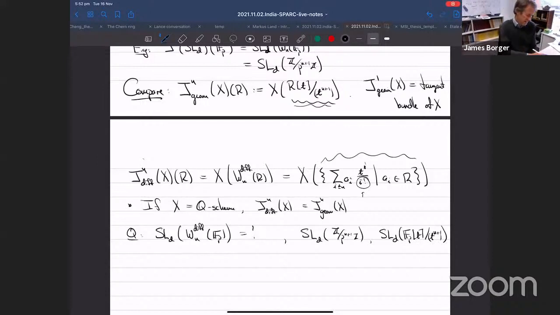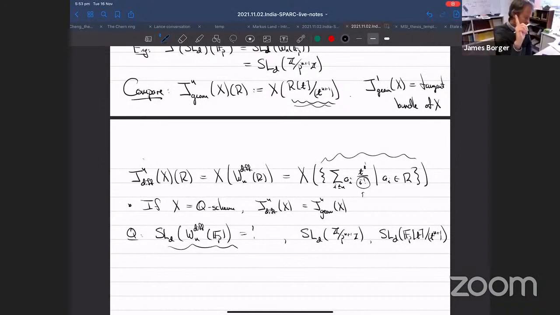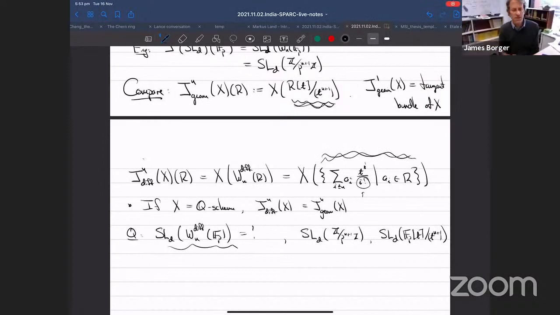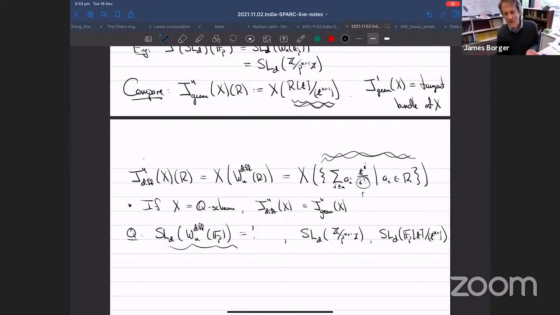It's kind of a third alternative. The difference between this construction here and this construction only comes up when n is equal to p, or maybe p minus 1 or something like that. Since the smallest prime is 2, you might not see it yet, but it appears in the stuff that Pooja has written about.